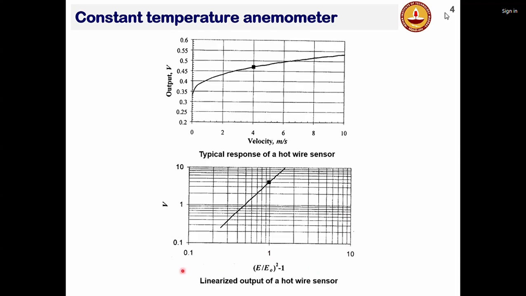Now, for a given flow situation, you stick in your constant temperature hardware anemometer, and you can get an output. And for a given output, you can actually predict your corresponding value of velocity.